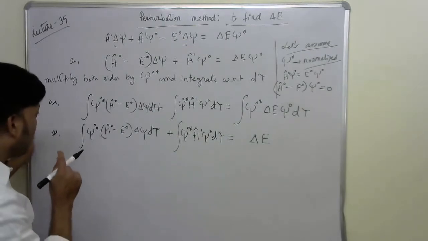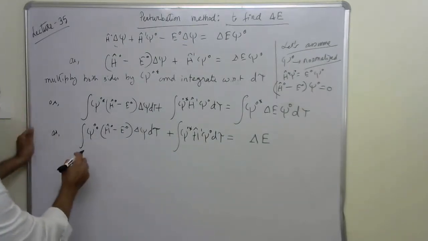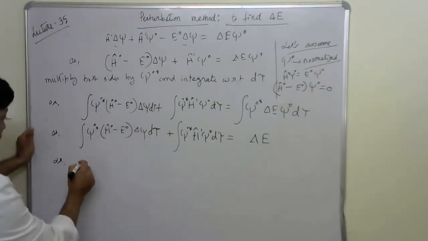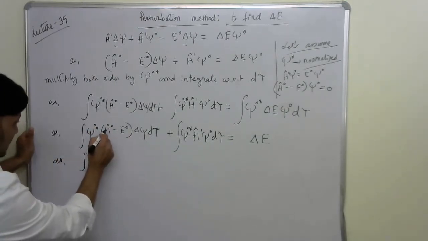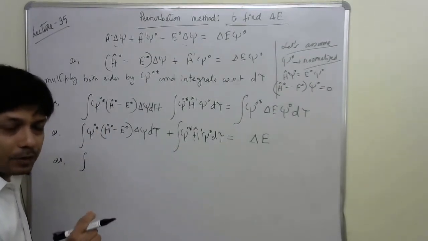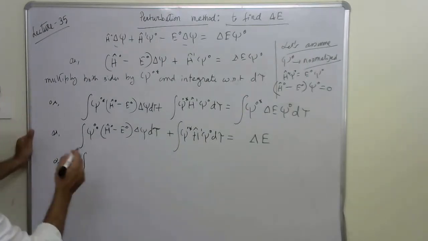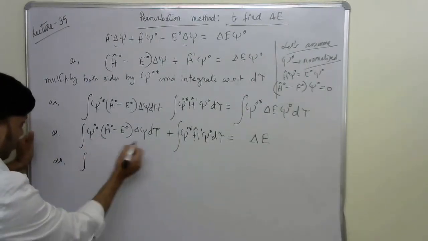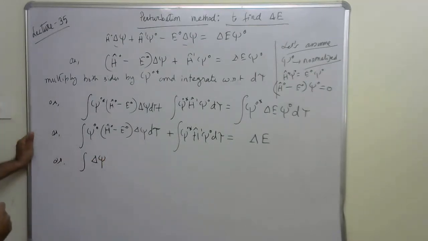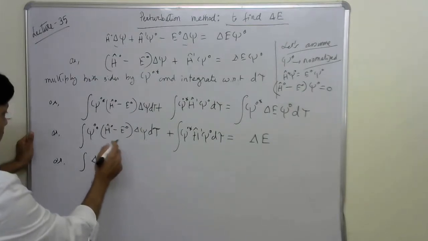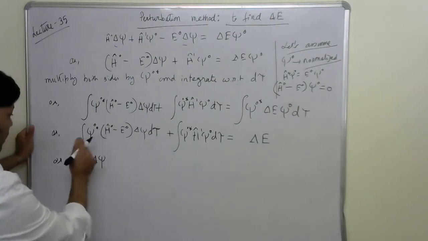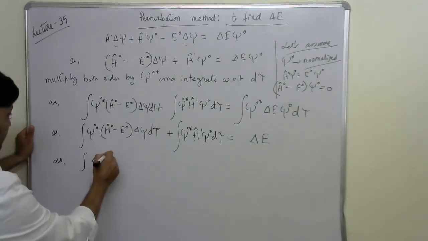So now we are going to apply the Hermitian condition, because this is only H naught, and H naught is the Hamiltonian operator. It must be linear as well as Hermitian. So if we apply the property of the Hermitian operator, then we have delta psi. It comes to the left hand side.